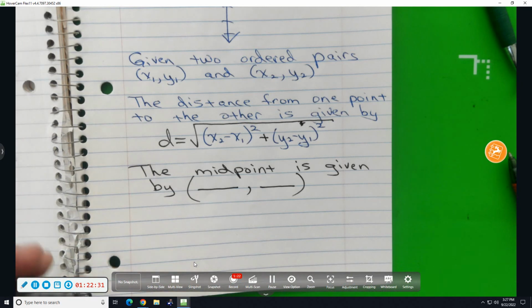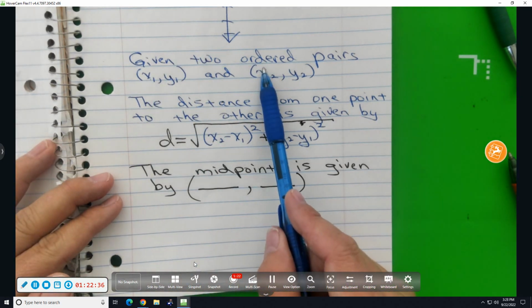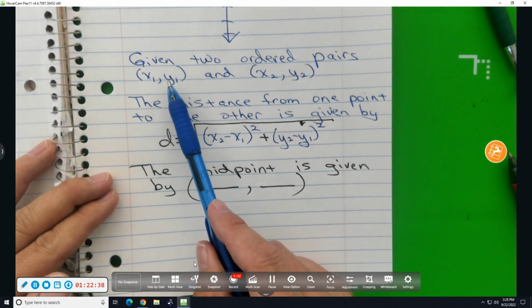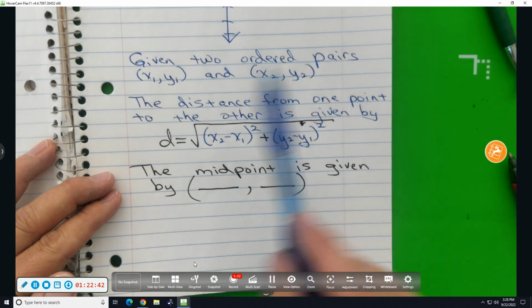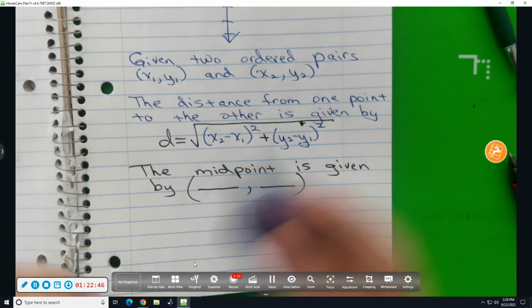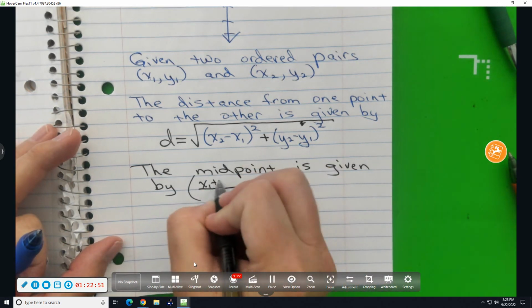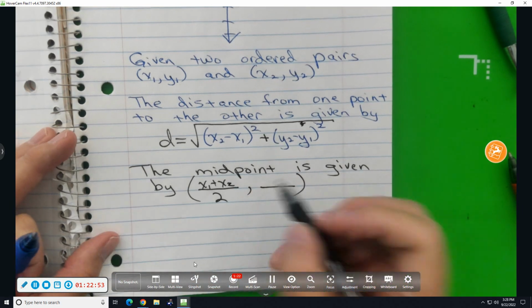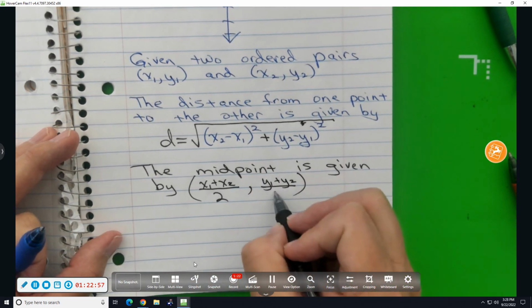You're trying to find out what number is midway between the x values on the x-axis, and what number is midway between the y values on the y-axis. To find that, you're averaging. You average the x coordinates, add them up, divide by 2, average the y coordinates, add them up, divide by 2.